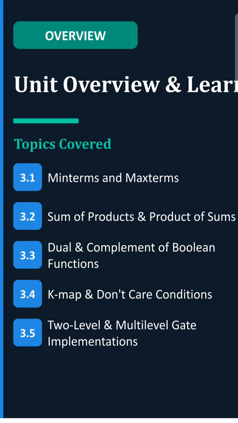Now tell me, which method would you choose? Obviously the second one. Similarly, in digital electronics, fewer gates means lower hardware cost, less power consumption, reduced circuit complexity, faster operation, and higher reliability. This is why Boolean expression simplification is so important.